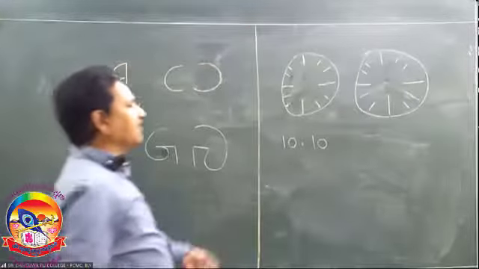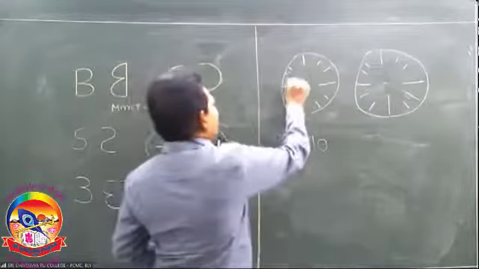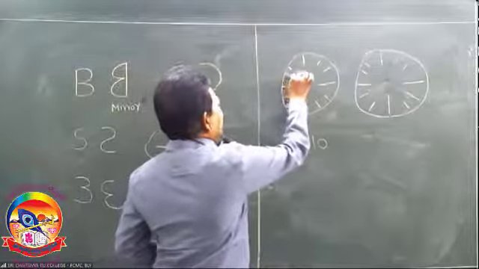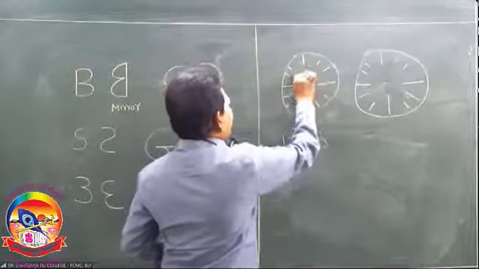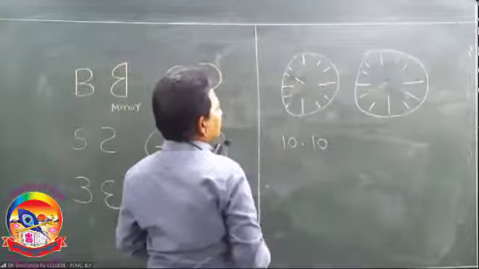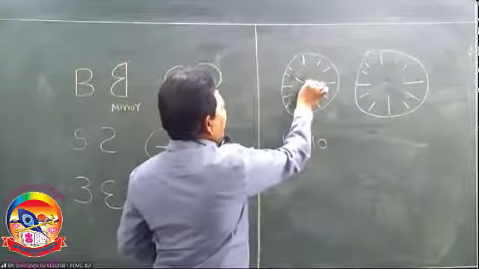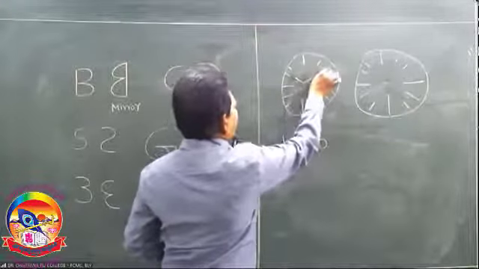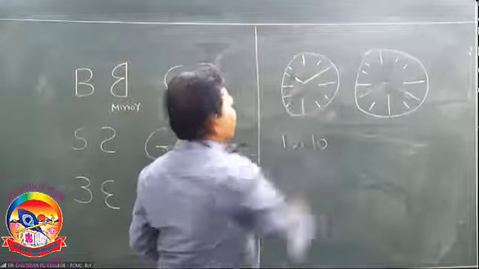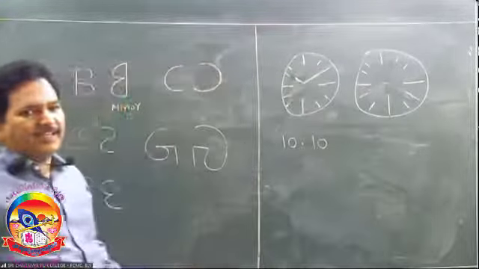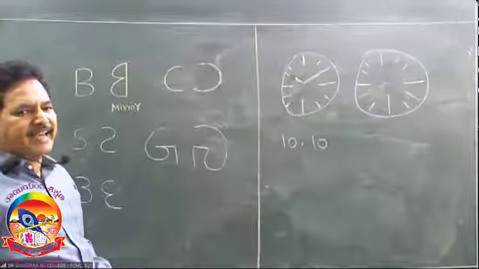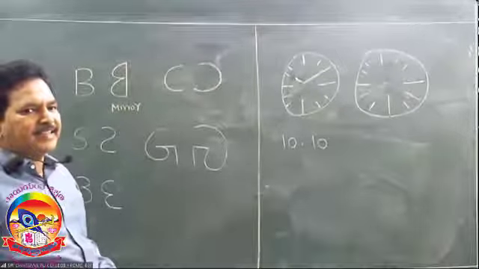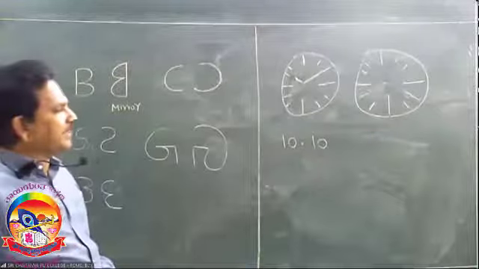First draw the actual time. 10 means after 9. This is the hours hand. 10:10, it will be on the other side, number 2, the minutes hand. This is 10:10. If I see the same time inside the mirror, what is the time shown?